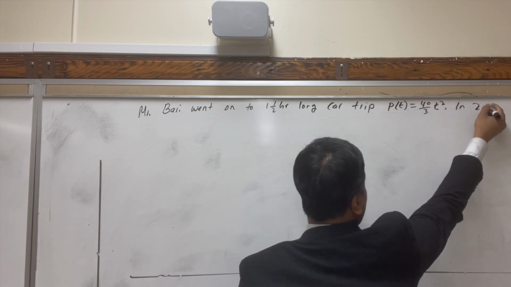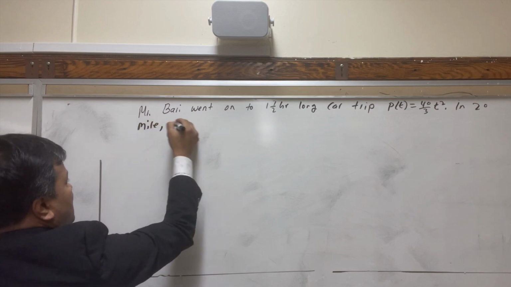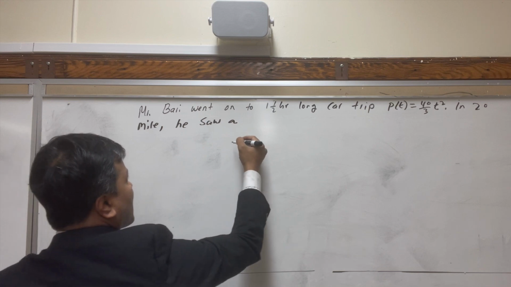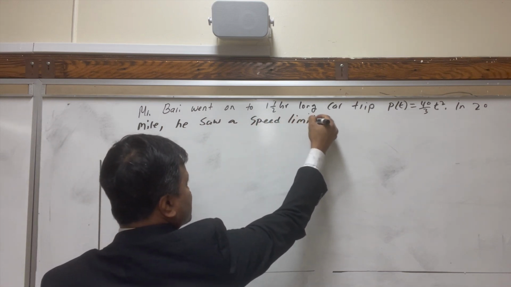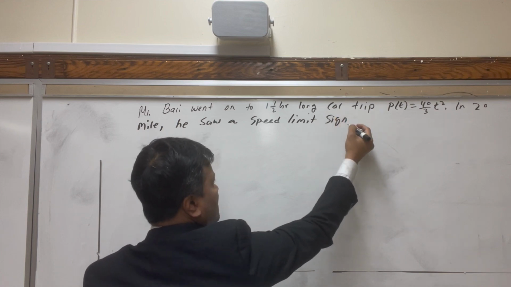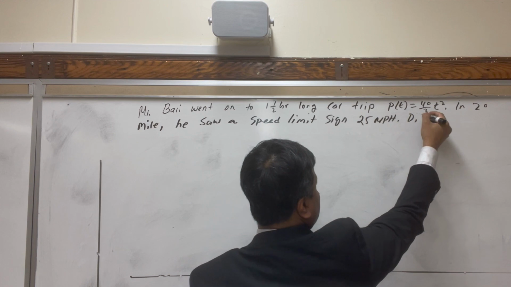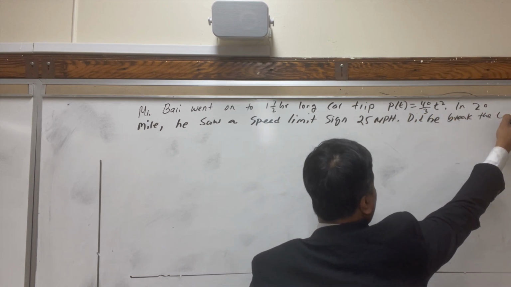In 20 miles of the trip, he saw a speed limit sign of 25 miles per hour. Did he break the law?